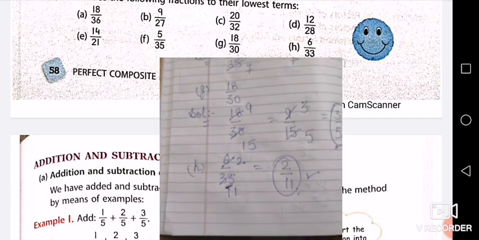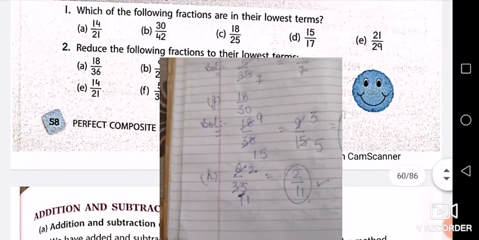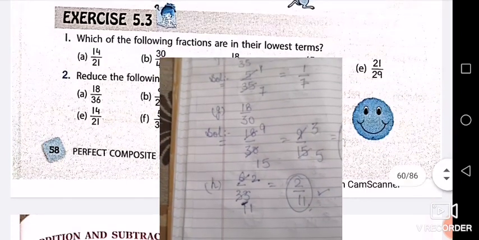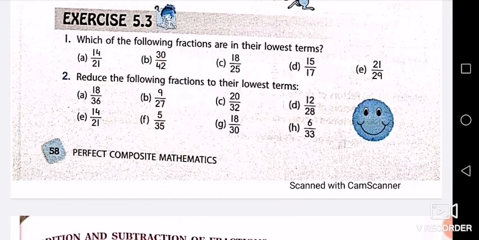So with this we have completed our exercise 5.3. In exercise 5.3 we have done how to reduce a fraction to its lowest term and how to find out whether a given fraction is in its lowest term or not.